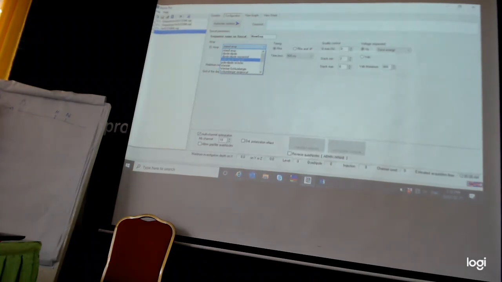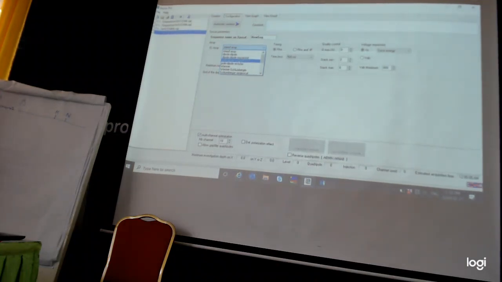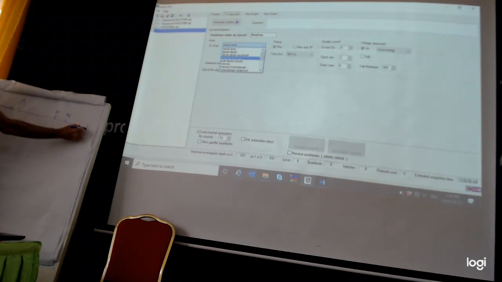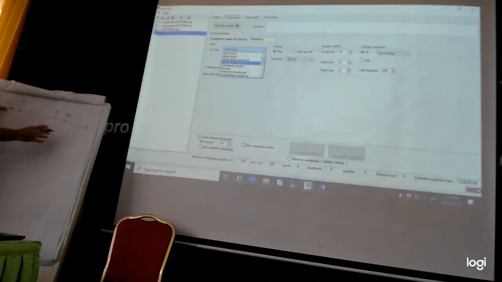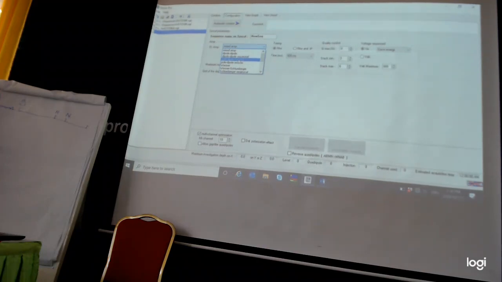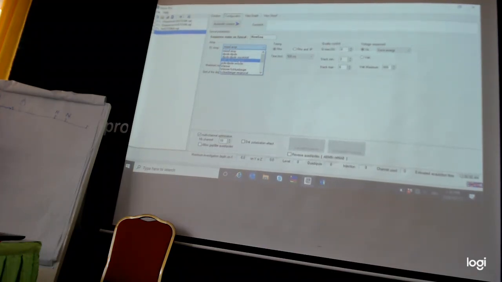So this is a remote dipole. It really should be 10 times the maximum length of your spread away. If it's closer, you have to compensate for it, and it's not a simple thing to do. That's why it's somewhat difficult. I'm not sure what Sagi did.